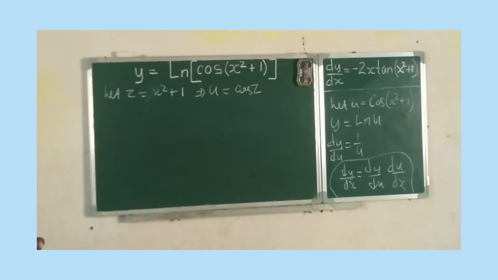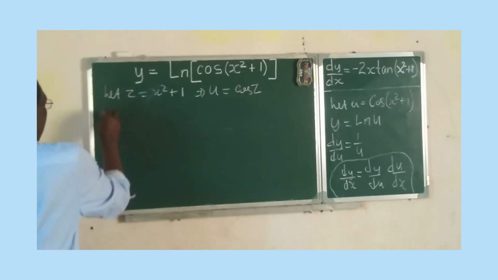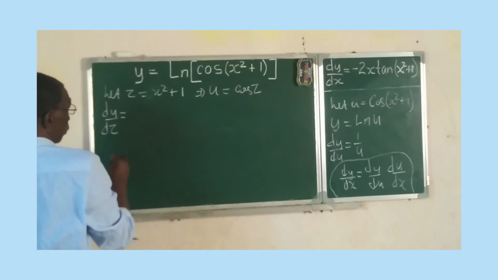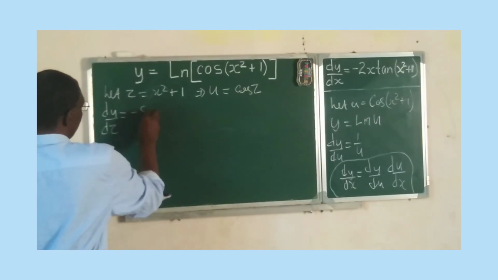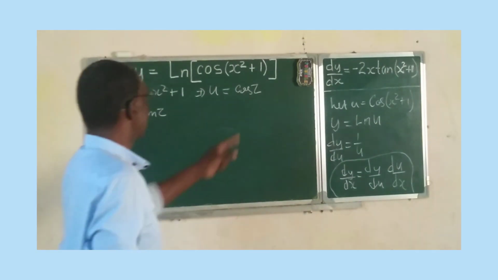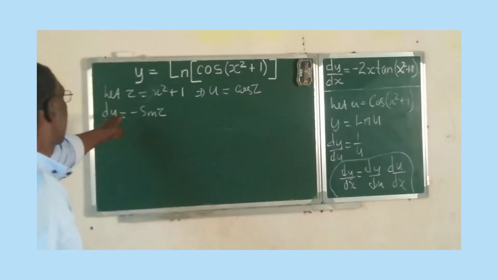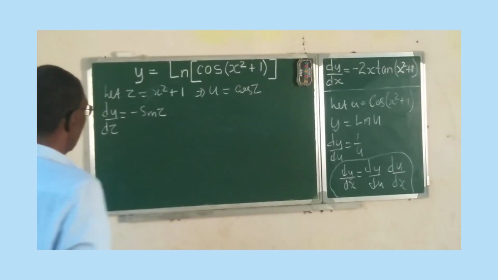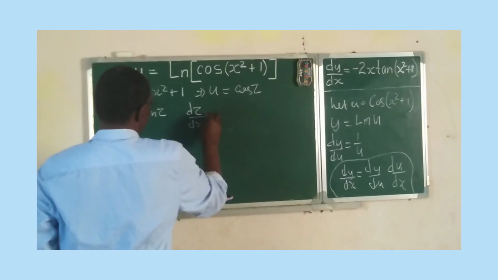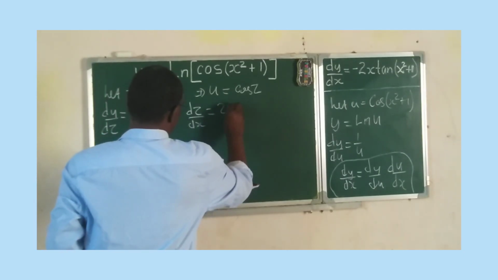So what is du/dz? Well, du/dz is equal to minus sine of z. What is dz/dx? Z is equal to x squared plus 1. So dz/dx is equal to 2x.